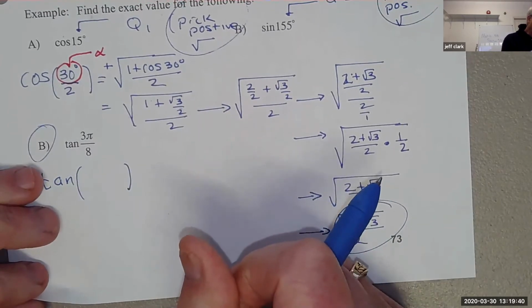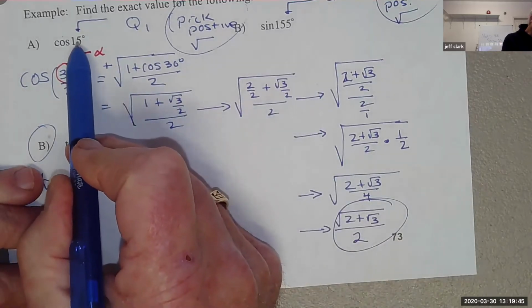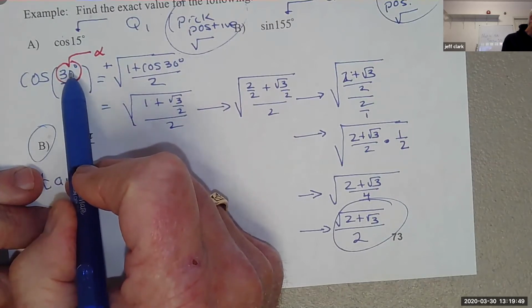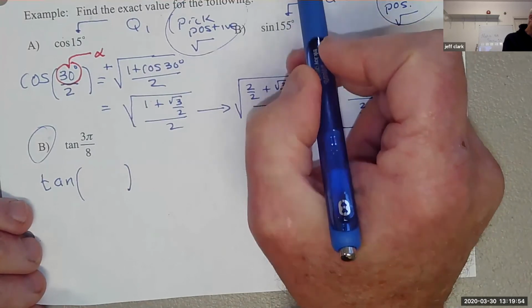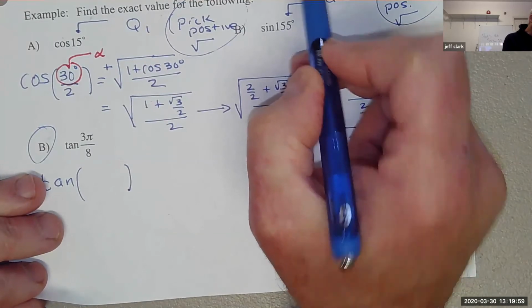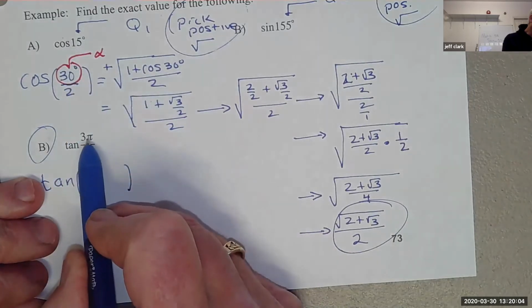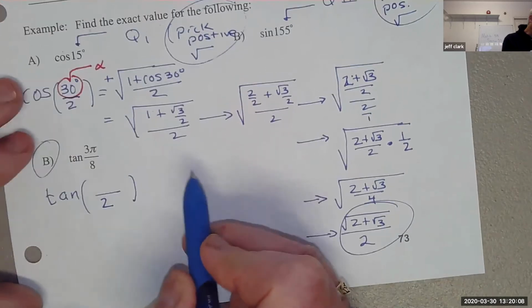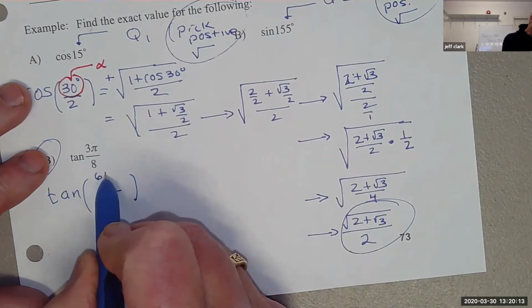So what do I need to do? If you think about this, wouldn't you double this? Wouldn't I need to double this, whatever this is? So double the angle, double 3 pi over 8 should give me, well, 2 times 3 is 6, 6 pi over 8.